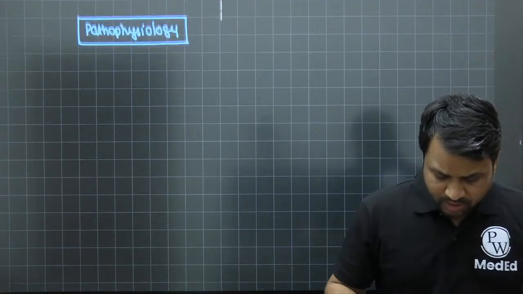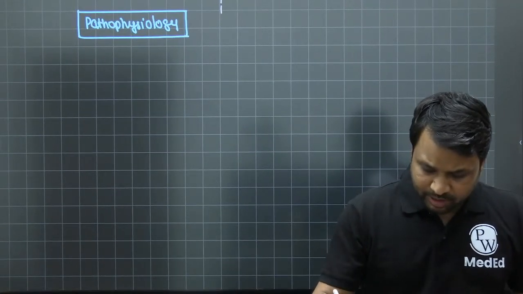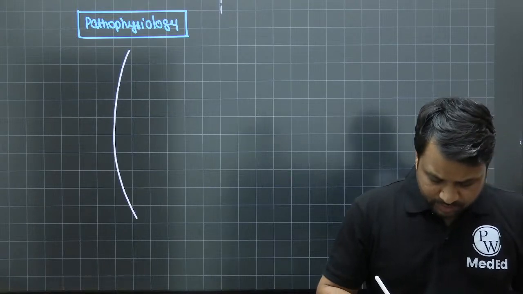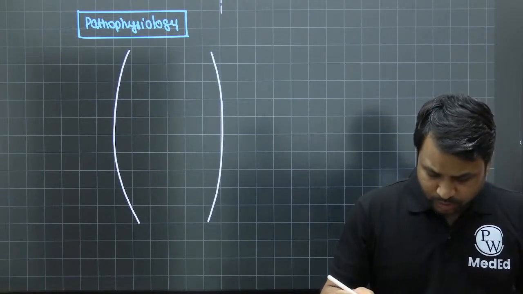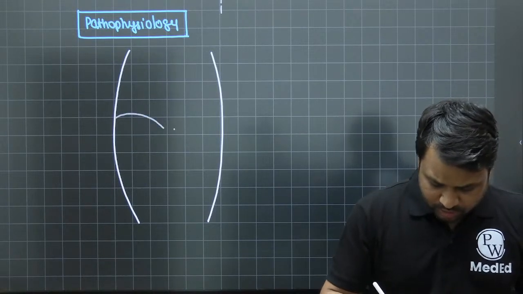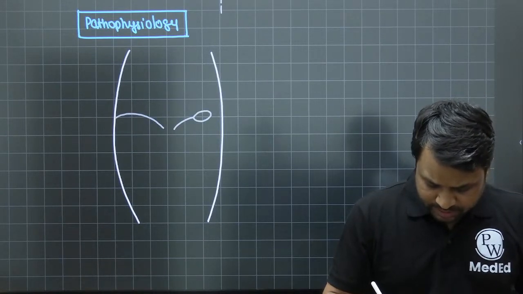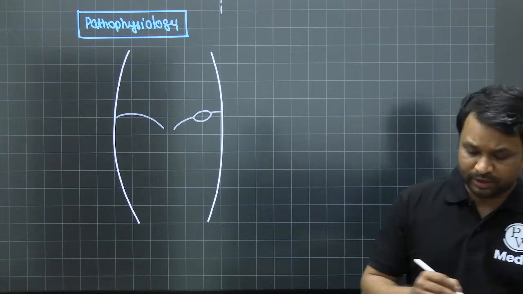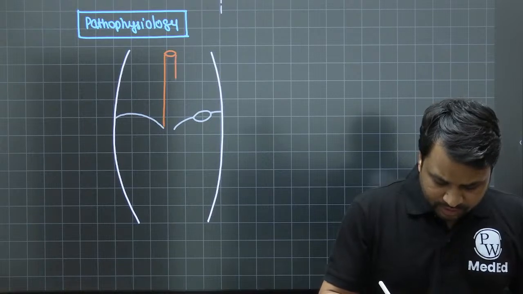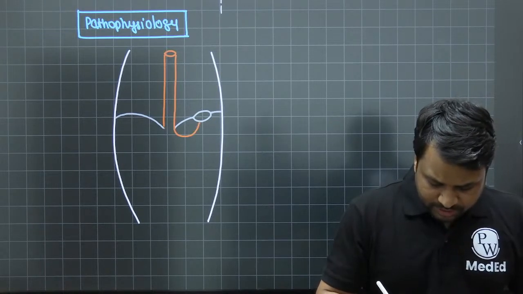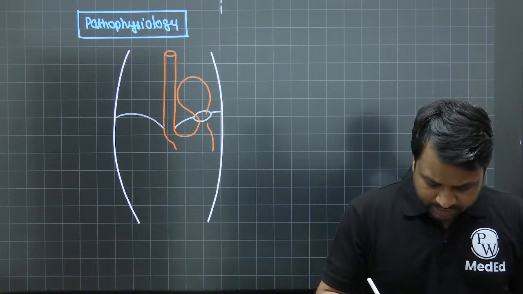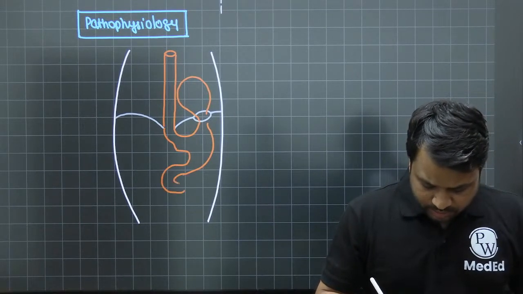Say we have a baby who has been born, and this is the diaphragm we are talking about, with a left-sided posterolateral defect. During embryonic development, because of this defect, part of the stomach will invaginate and occupy the thoracic cavity, and this is how it presents.